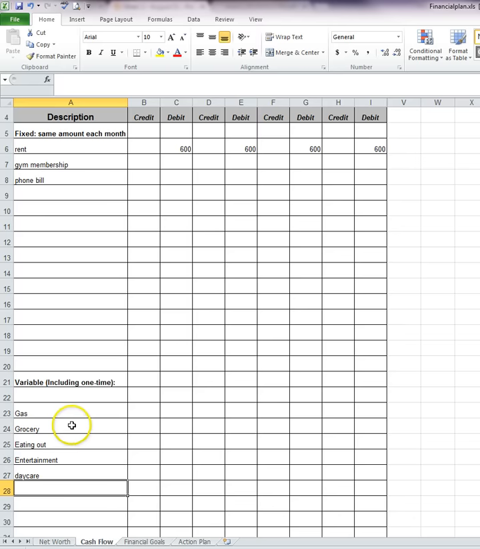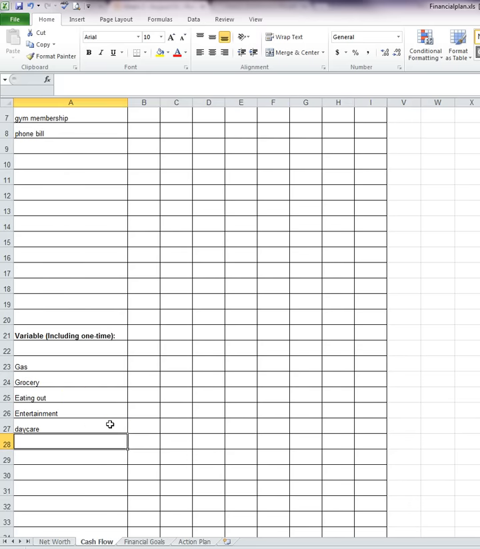Now, when I put grocery up here, that covers all grocery. So if you shop at Safeway, or you shop at Raley's, or you shop at WinCo, you can add all of those and include a single line item as grocery. And that's what I want you to do.